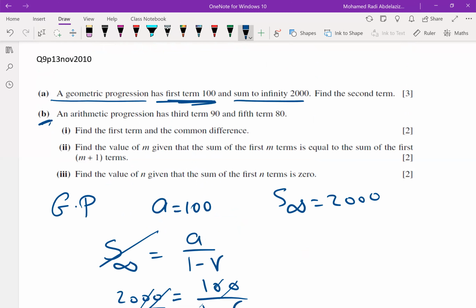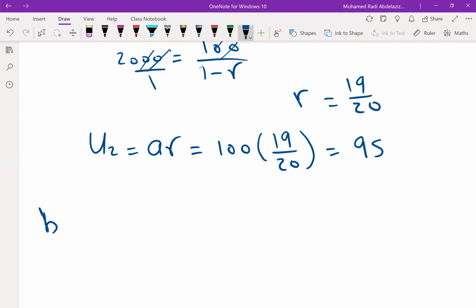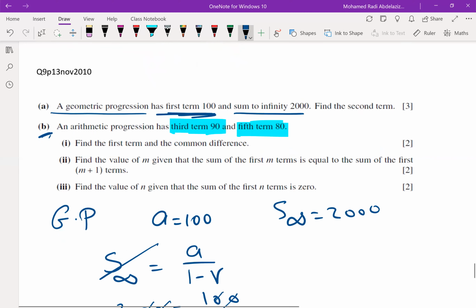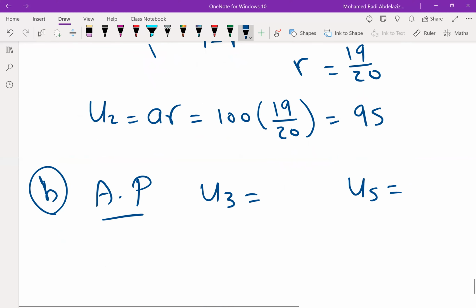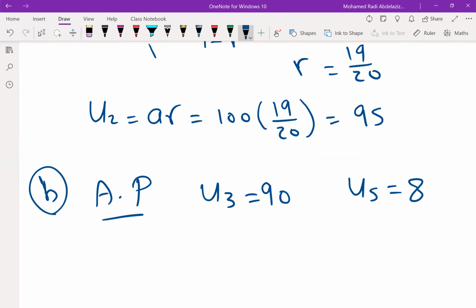Part B, an arithmetic progression, given the third term and the fifth term. Try to form two equations and solve. U3 is 90 and U5 is 80.